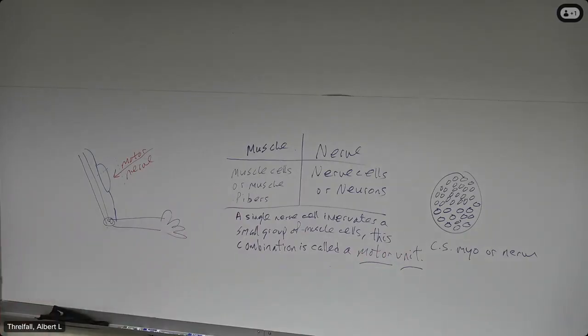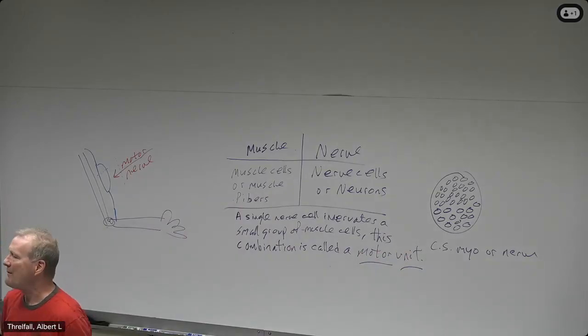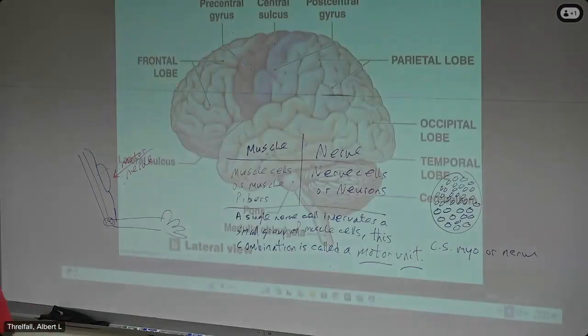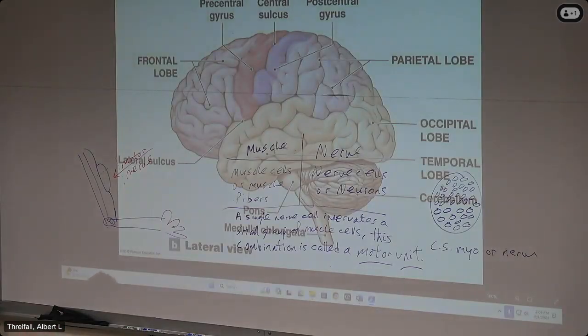So when it comes to how much force my muscle needs to deliver, it comes down to how many motor units we are using. 156, 10,087, 387,052, and your brain, your frontal lobe, knows how many of those motor units to use.